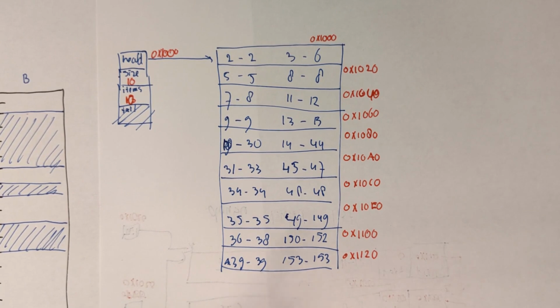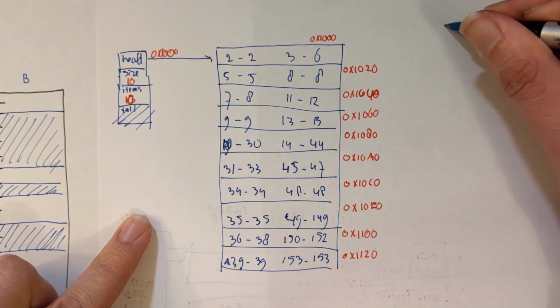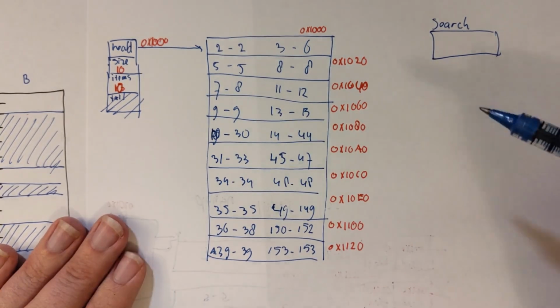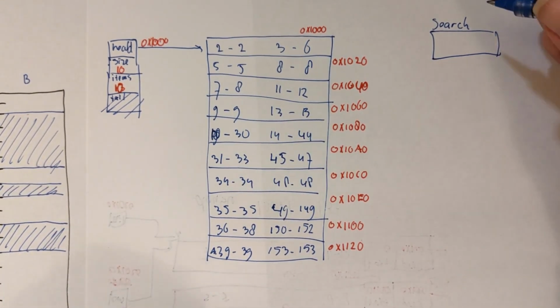A binary search for this, for example, say I want to have the number 36, right? So when I'm doing my search, with me knowing there are 10 elements, and then halfway, say we want to find the number 35 in here.